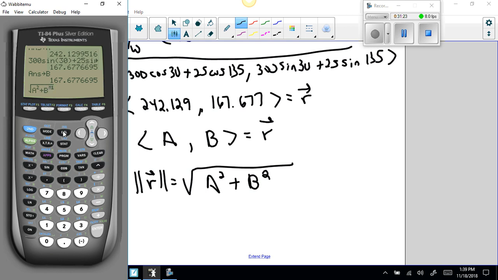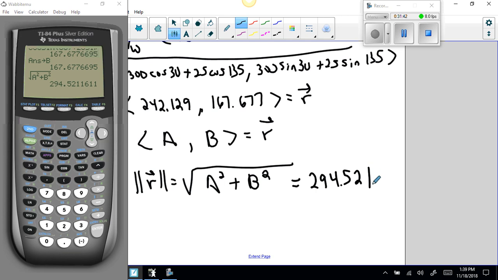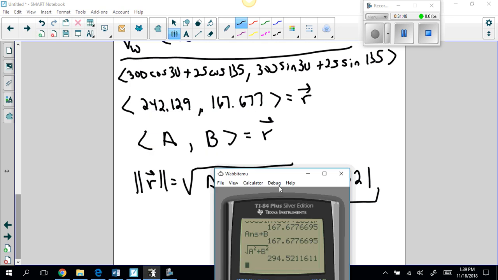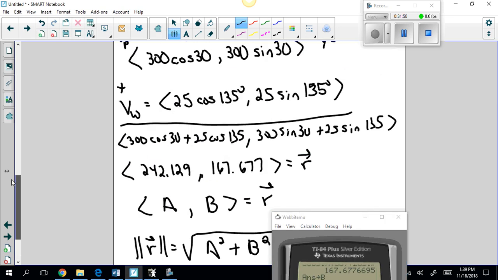Okay, I've been here before. Alpha B squared. 294.521 is the new speed. The plane was basically, is that true, slowed down?